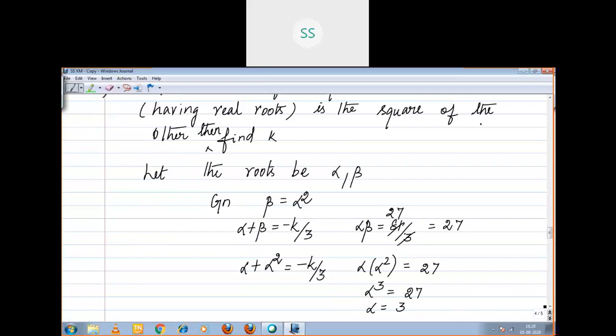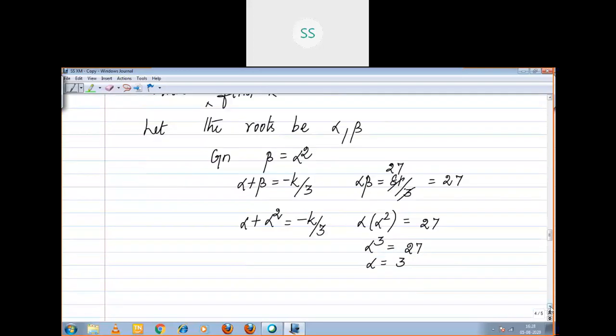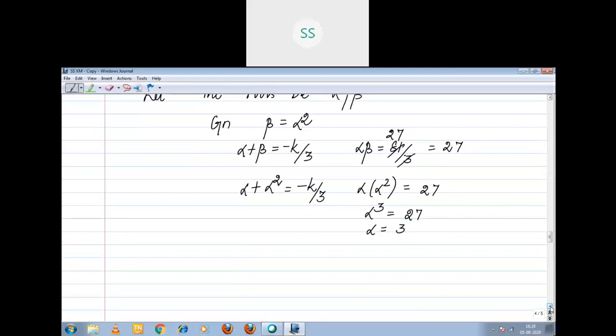That you substitute in the format as alpha plus alpha squared. What can you get? 3 plus 3 squared equals minus k by 3. This is your equation number 1. Substitute alpha equal to 3 in equation 1.